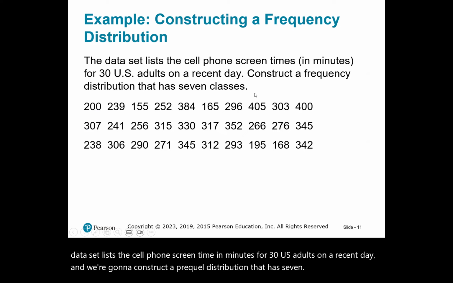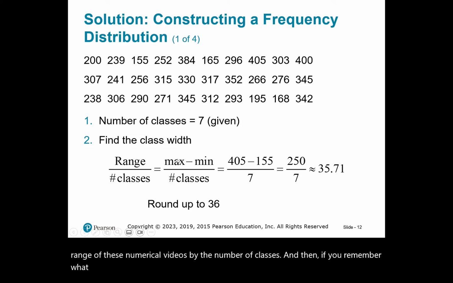First thing is, we need to decide how many classes we need. It was given in this problem; the problem told us that we need to create 7 classes. Then we're going to find the class width. To find the class width, we need to divide the range of these numerical values by the number of classes. If you remember what range means, range is the difference between the maximum and the minimum number.